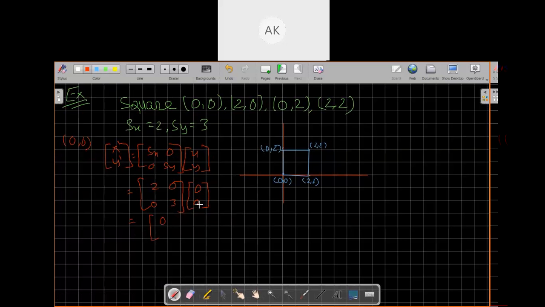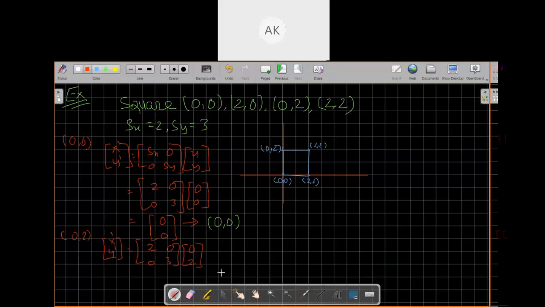So let's scale the first given coordinate, which is 0 0. Our equation for scaling is x dash y dash equals sx 0 0 sy into x y. Put the values sx equals 2 and sy equals 3, and your current point is 0 0.